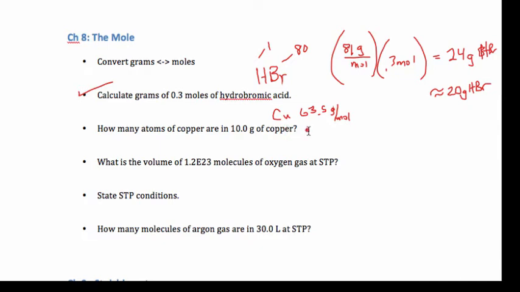Okay, so I give you the option. If you have adopted the molar mountain idea, the molar mountain has certain positions on it. We have grams up here, we have molar mass here, and we have moles here. So if you're going to go with this route, we'll say the 10 goes up here, the 63.5 goes here.